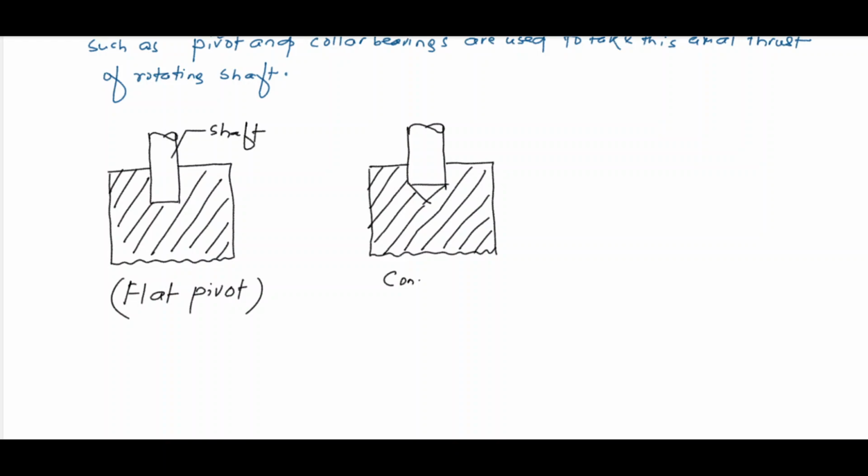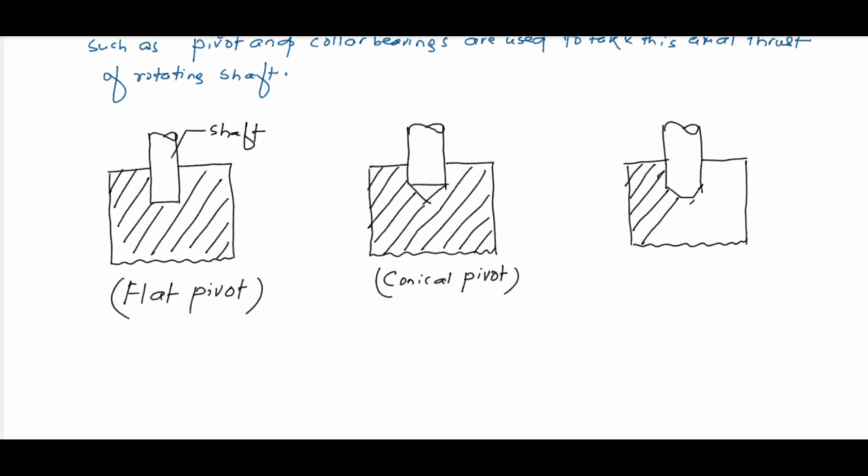Then we have truncated pivot. Now first we'll discuss this flat pivot bearing.